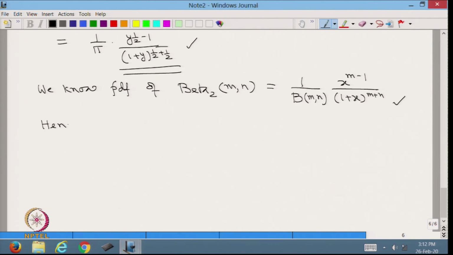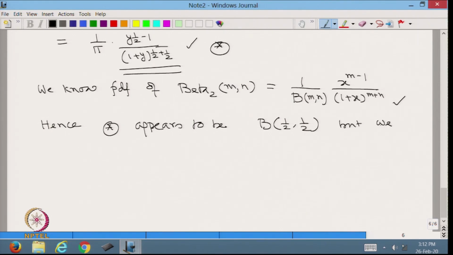Hence, let us call it star. Star appears to be beta with half and half, but we need to check the constant.